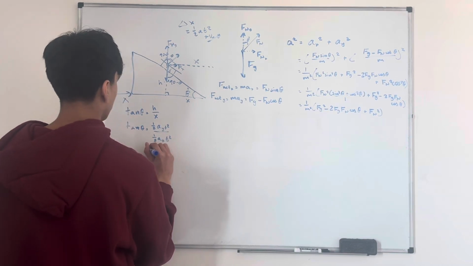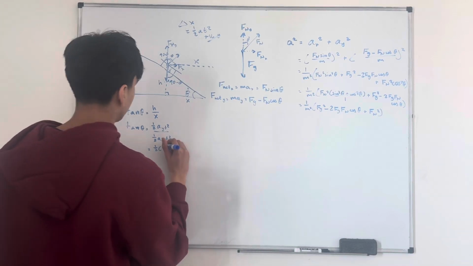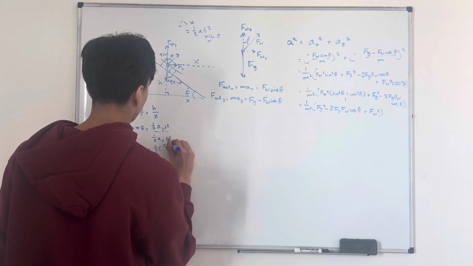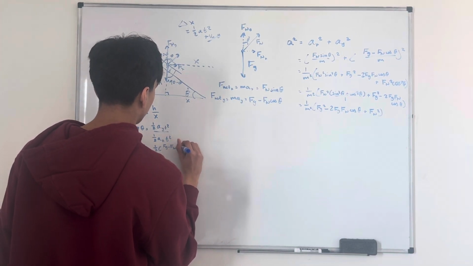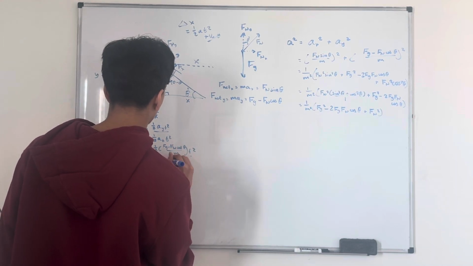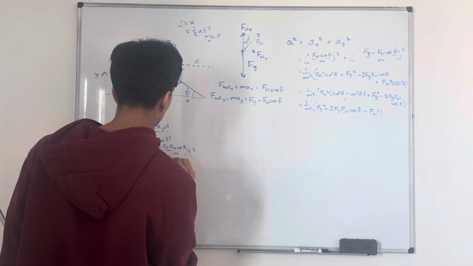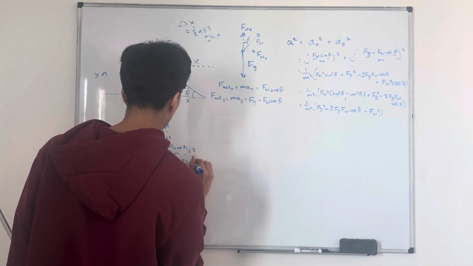And we can start substituting in the actual equations for acceleration. So (Fg minus Fn cosine theta) over m, t squared, over 1/2 Fn sine theta over m, t squared.